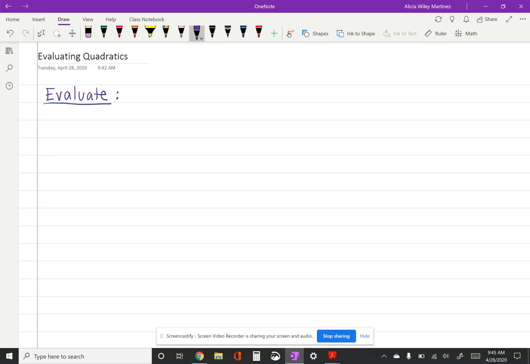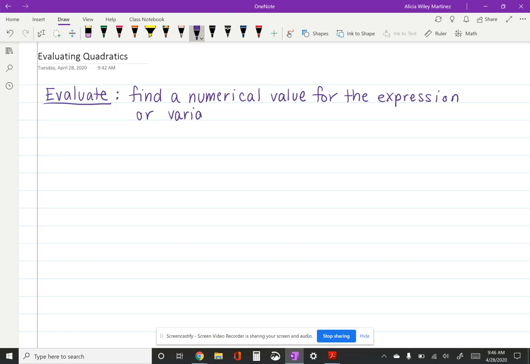In mathematics, whenever you see the directions evaluate, you're going to find a numerical value for, say, the expression or variable, which will be the case in the problems that I will be talking about today.